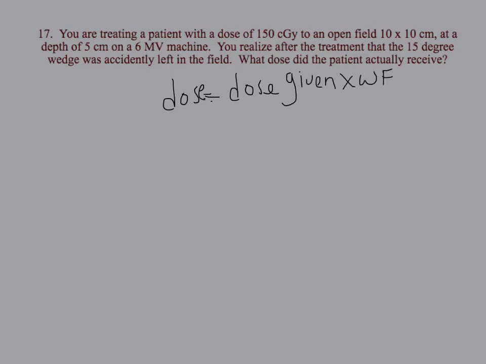So I'm going to have to use my table to look up my wedge factor. You're going to look up for a 6 MV machine, 15-degree wedge, 10 by 10 field. The wedge factor is 0.701. I'm going to take that factor and multiply it by my dose, and I'm going to get a total of 105 centigray.